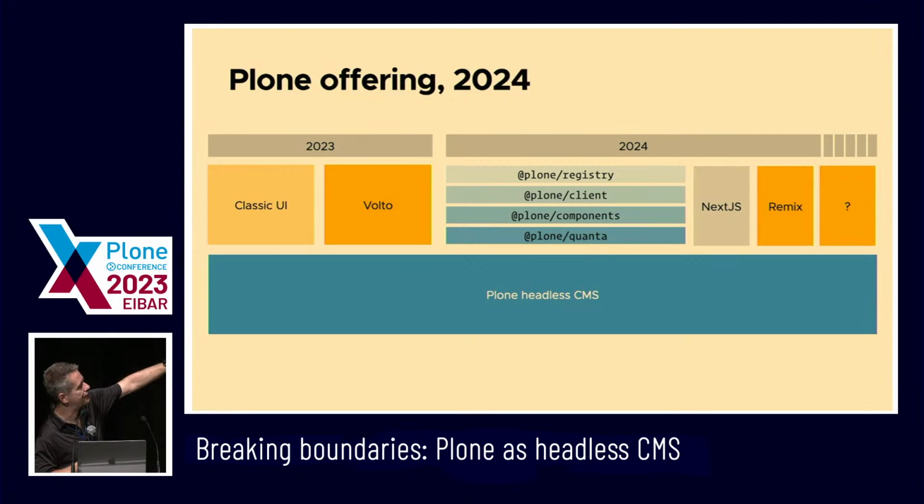So we will have these four pieces added, summing up to today's picture, which is classic UI and Volto, but having also these ones that complement the picture where we can use Plone as a headless CMS anywhere else, right? In Next.js, in Remix, in Svelte, in whatever, name your framework of choice. And this is only the beginning, right? It's the flexibility at its max.